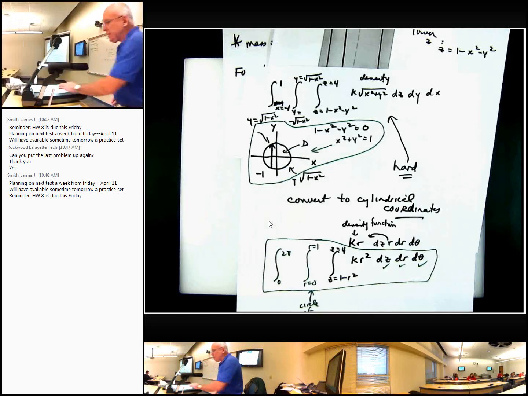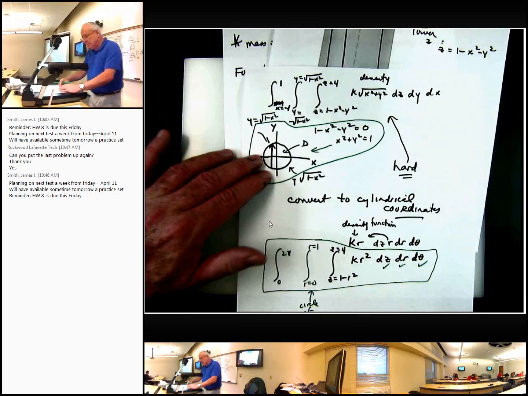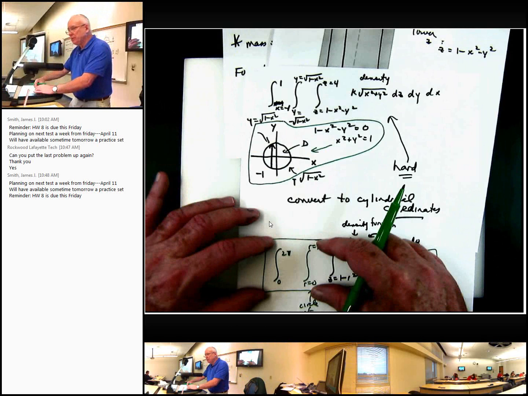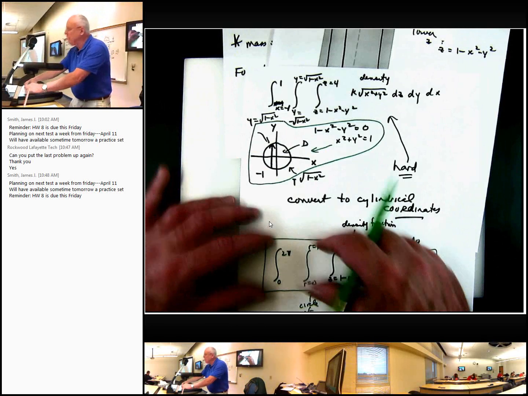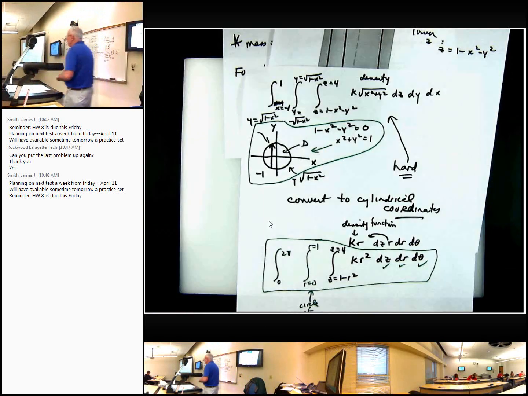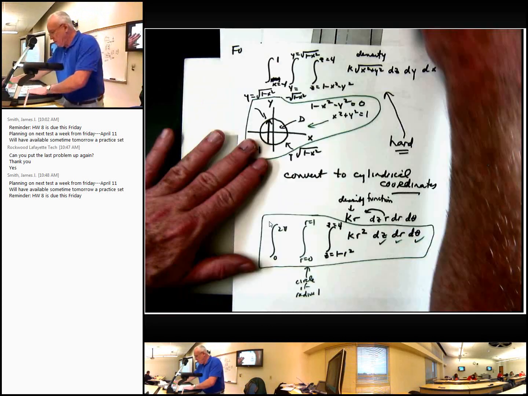Without knowing that, we'd have no idea what our two other bounds of integration would be, unless we knew that we're integrating over a circle.